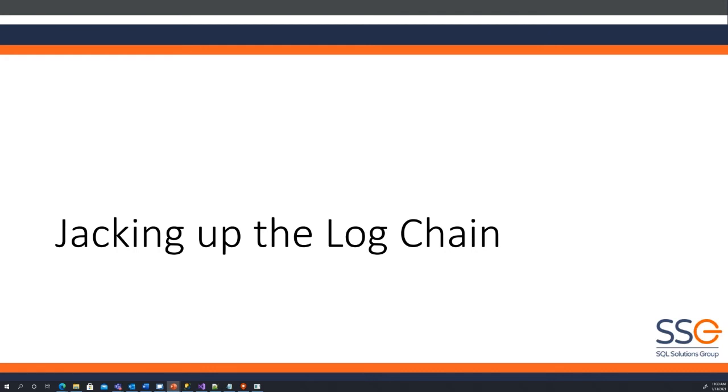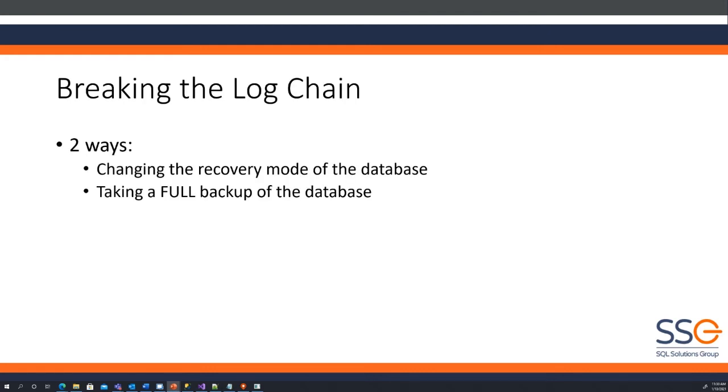We jack up the log chain two ways. One, which we talked about earlier, is changing the recovery mode of the database. Remember, in order for us to take a log backup, the database recovery mode must be full or bulk logged.